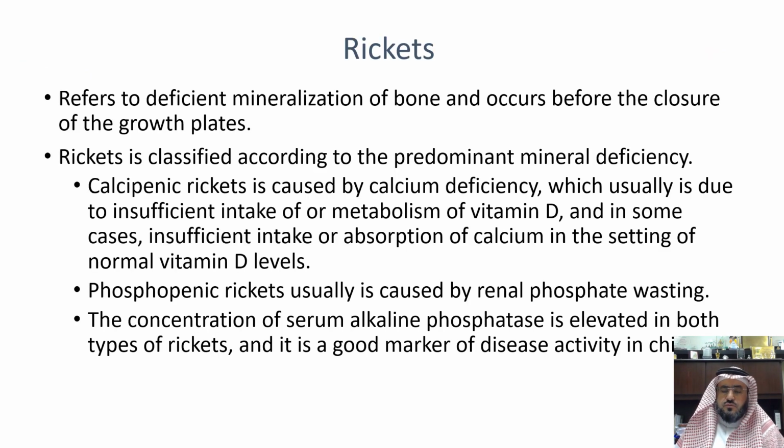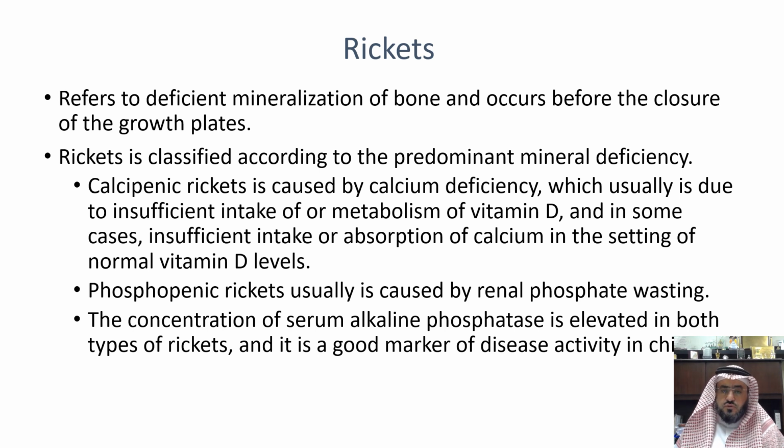Rickets refers to defective mineralization of the bone and cartilage in children, different from adult osteomalacia where there is only defective mineralization of the bone. Because in children, it develops in growing bone. Short stature is one of the associations of rickets.